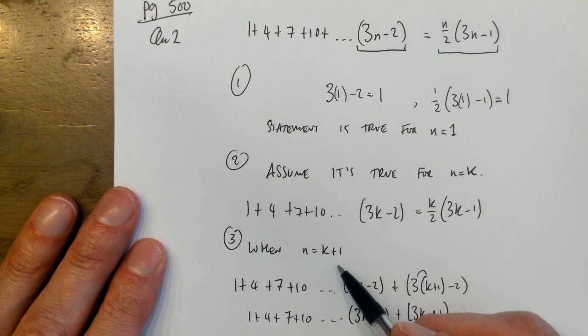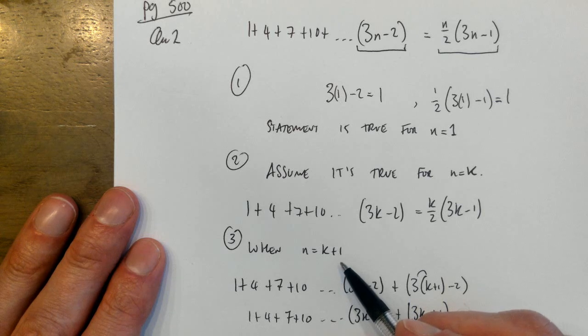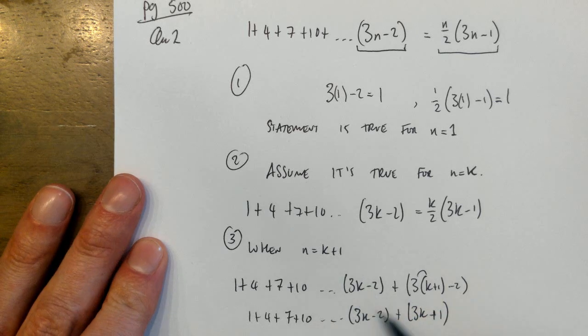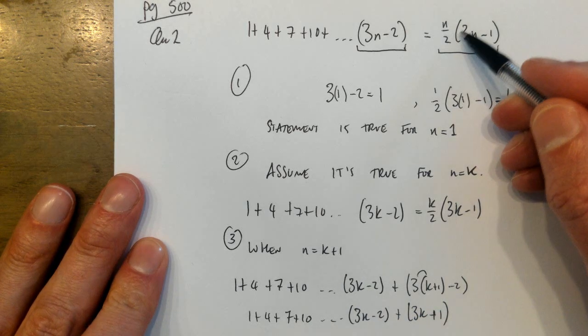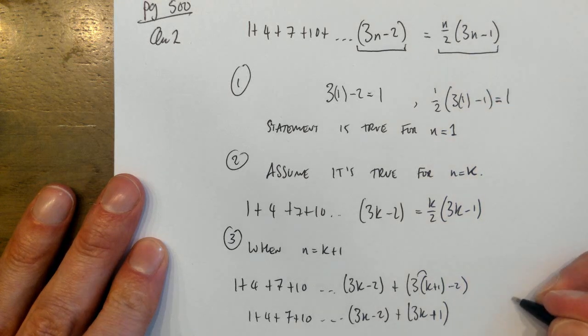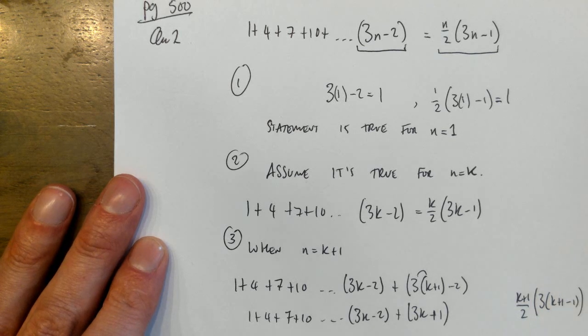What we need to show is that this is the same as putting k plus 1 into the right hand side. So we want to bear this in mind. We want to show this: k plus 1 over 2, bracket 3 times k plus 1 minus 1, with the bracket closed.